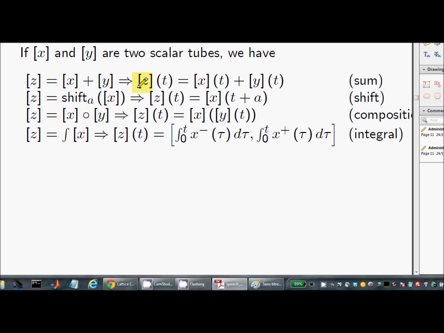So let me consider, for instance, an example.